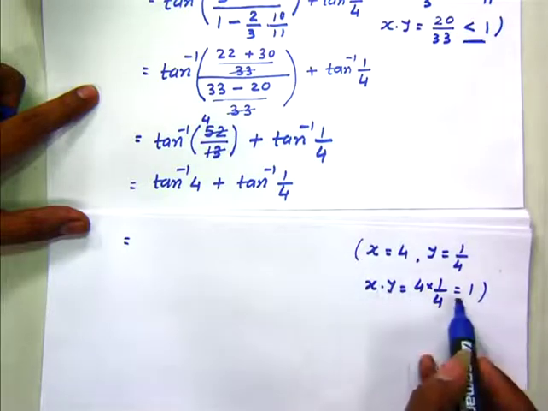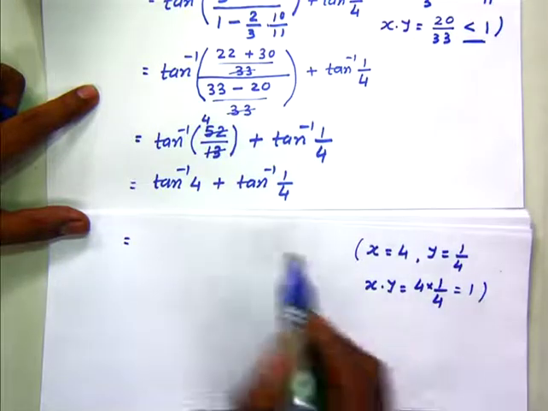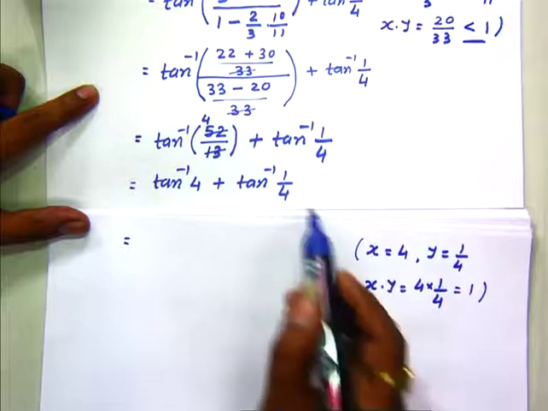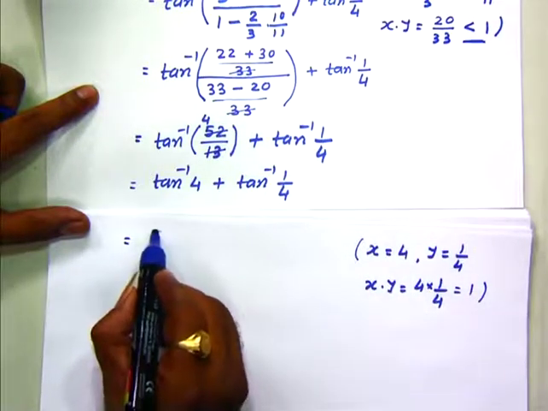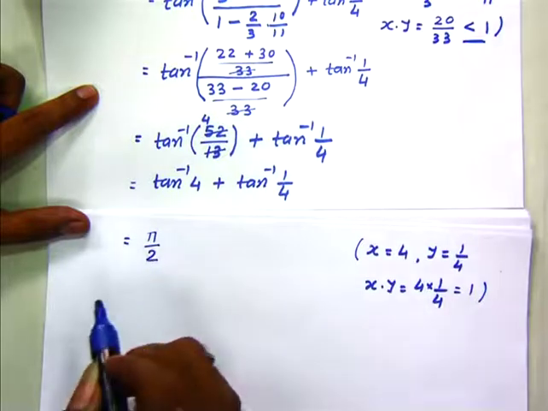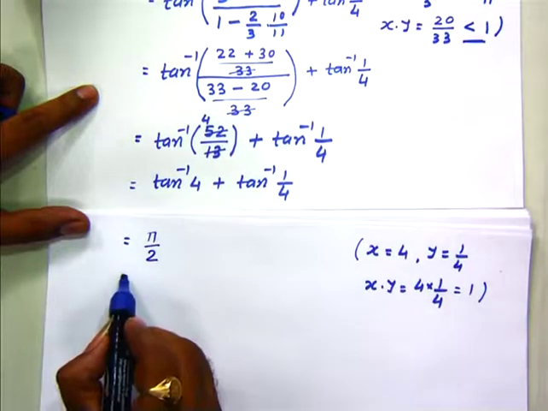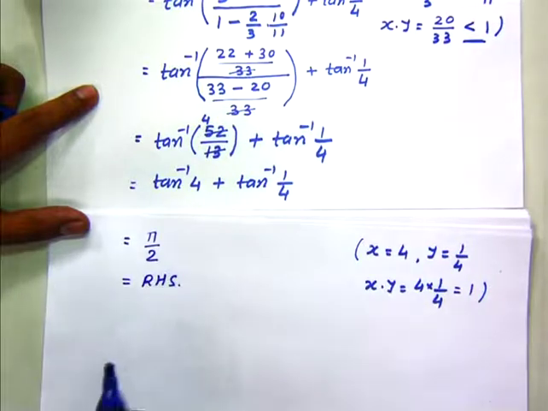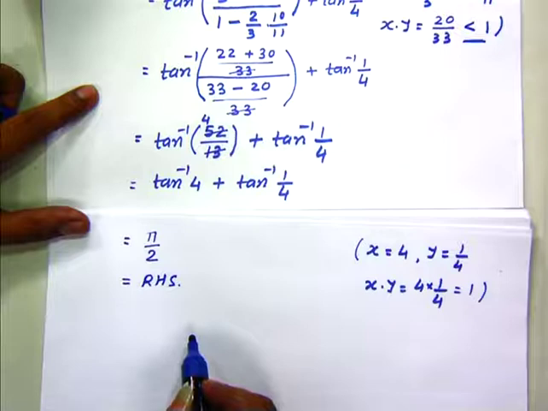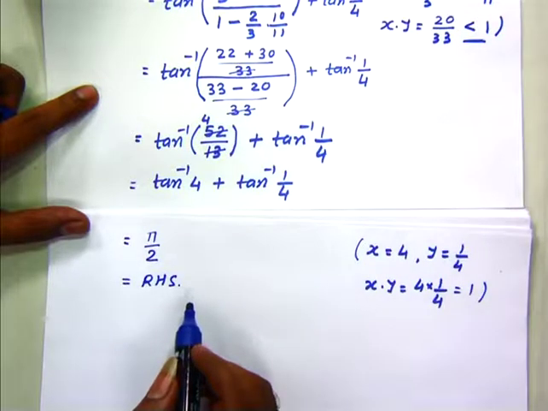So if x into y is equal to 1, then tan inverse x plus tan inverse y equal to pi by 2. Thus we have proved this result. This is RHS.